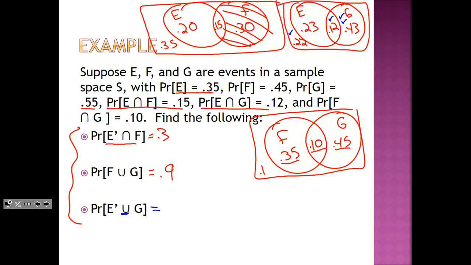So 0.12 plus 0.43 plus 0.22 should be 0.77. Okay? So draw your Venn diagrams, pay close attention to detail in each little part, what it's asking, and this section doesn't end up being too terribly bad. So come with questions. Hope that went well.